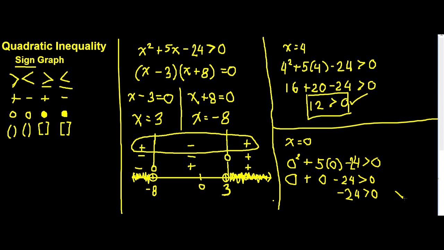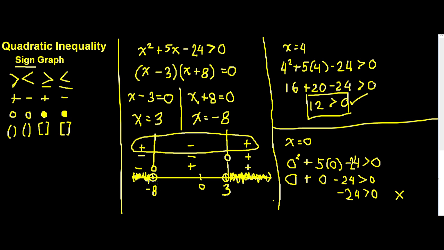That's false because kahit na 0 yan, mas mataas pa rin ang 0 kaysa sa kahit anong negative numbers. Yan. So, it makes your inequality false, yung mga part na hindi na-shadean. And yung mga na-shadean, yun yung mga part ng solution.